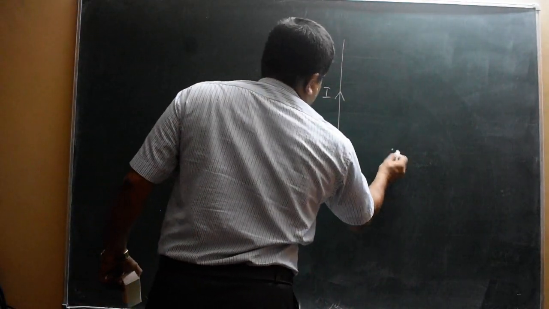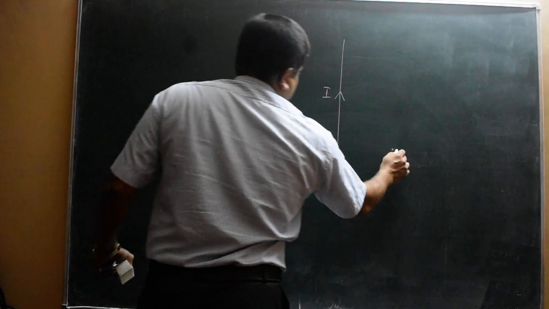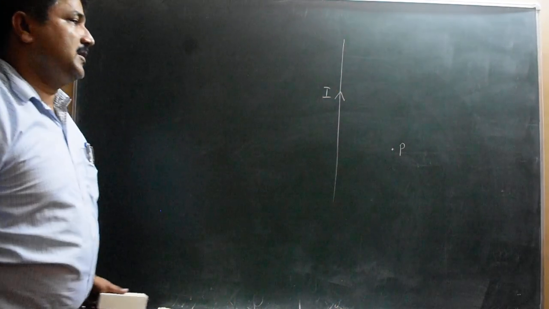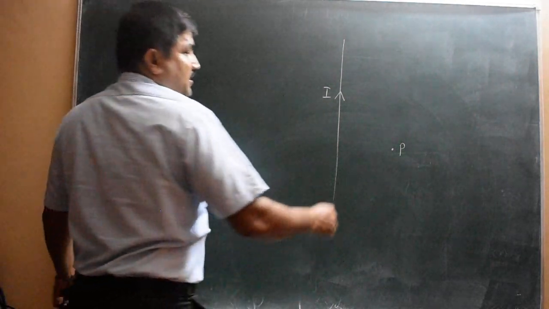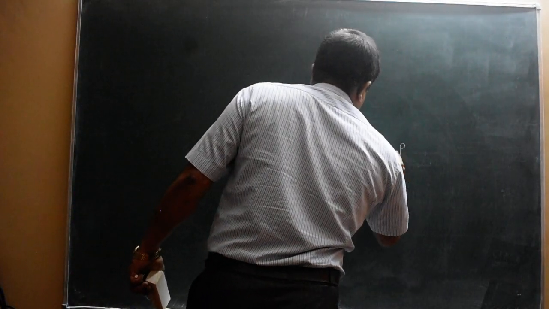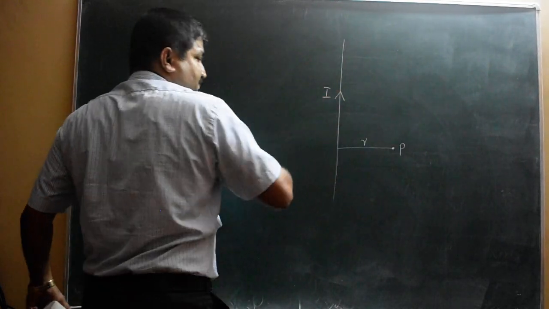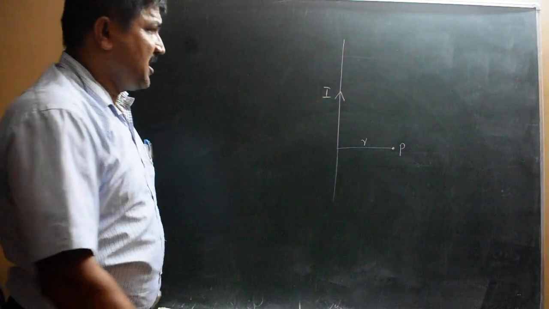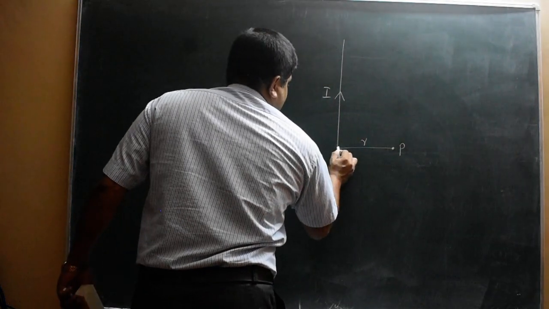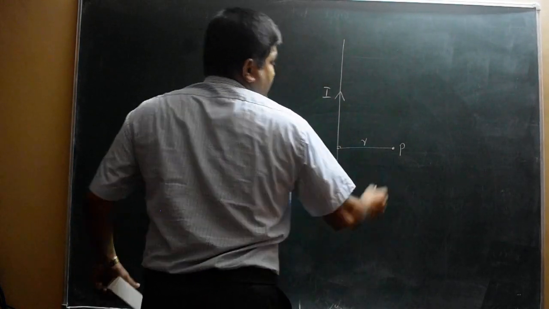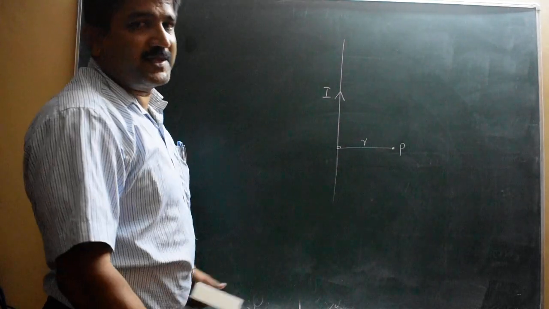At a point P, I have to find the magnetic field. So I will take the distance as r here, and I will construct a circular loop with the conductor as center, and this point P is on the circumference of that circle.